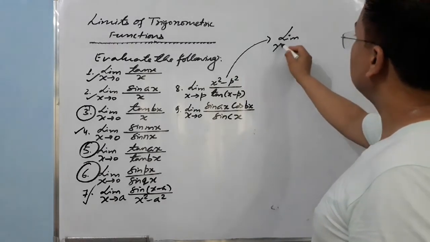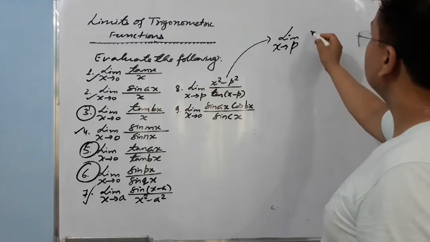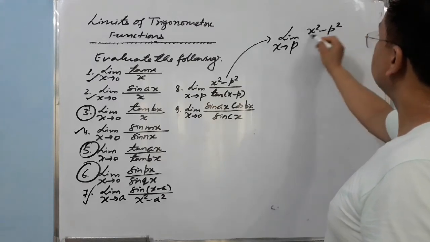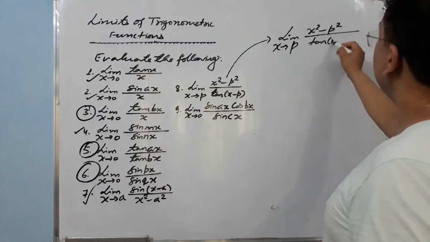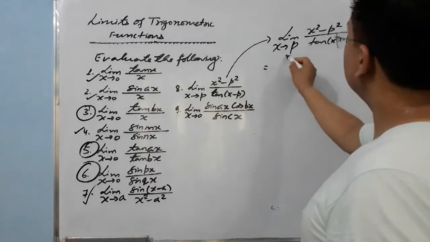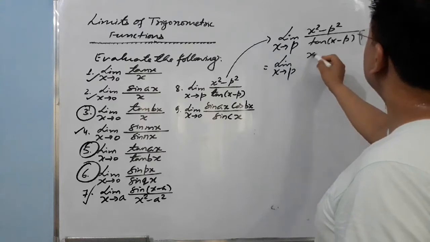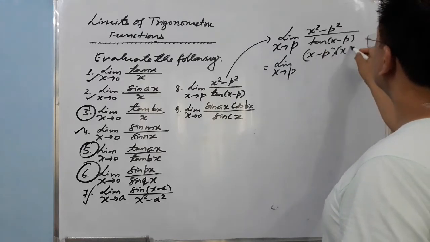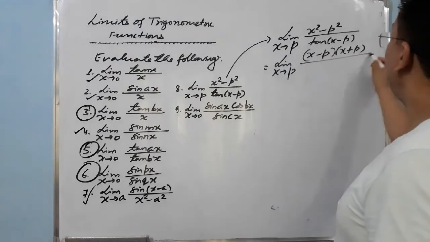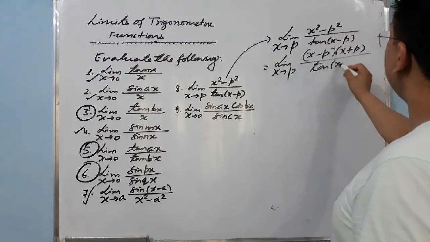We may write it this way: as x tends to p, x square minus p square upon tan of x minus p is equal to limit x tends to p of x minus p, x plus p over tan of x minus p.